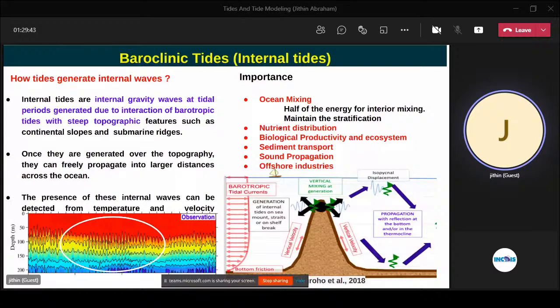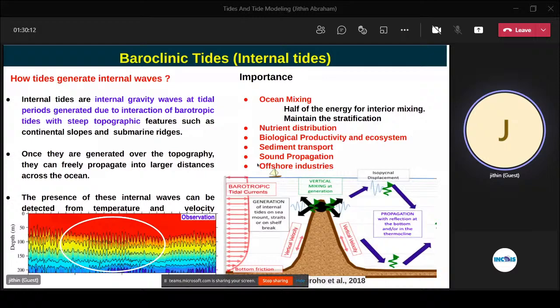Strong vertical oscillations of the isopycnal surfaces can uplift submarine cables as well as offshore drilling platforms. So internal tides are very important for the safe conduct of these offshore industries.